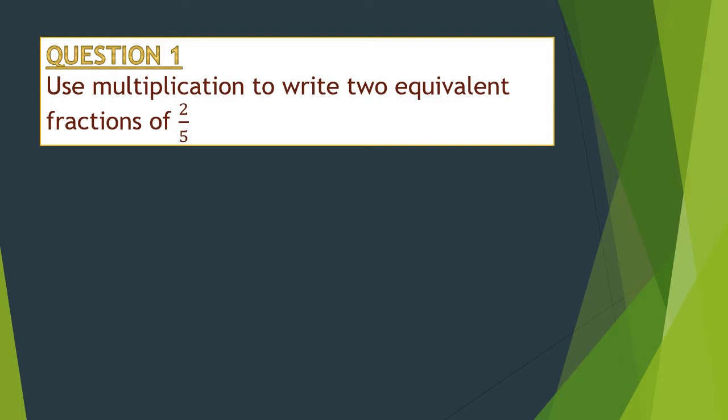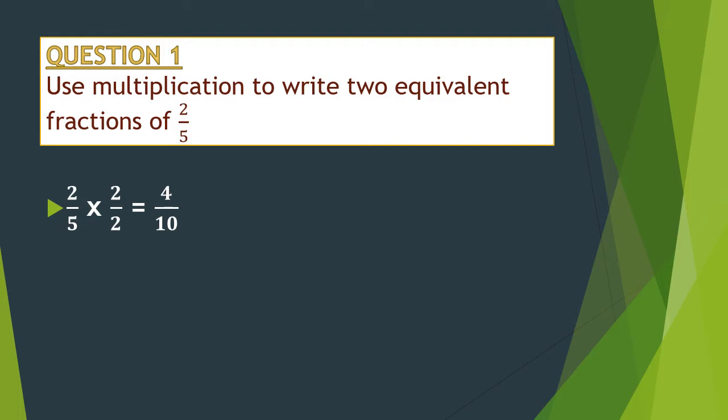Now let us study equivalent fractions with the help of an example. Use multiplication to write two equivalent fractions of 2 upon 5. So what we'll do, we'll multiply 2 upon 5 in the numerator as well as the denominator by 2. We'll get the answer as 4 upon 10. So one equivalent fraction of 2 upon 5 is 4 upon 10.